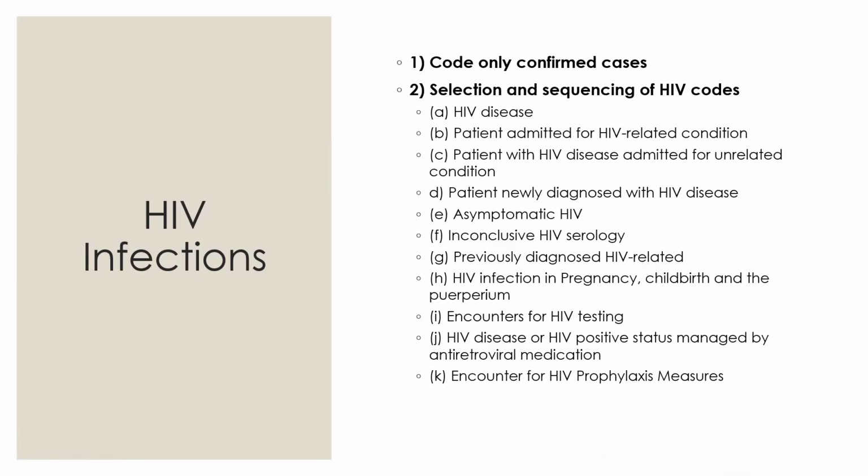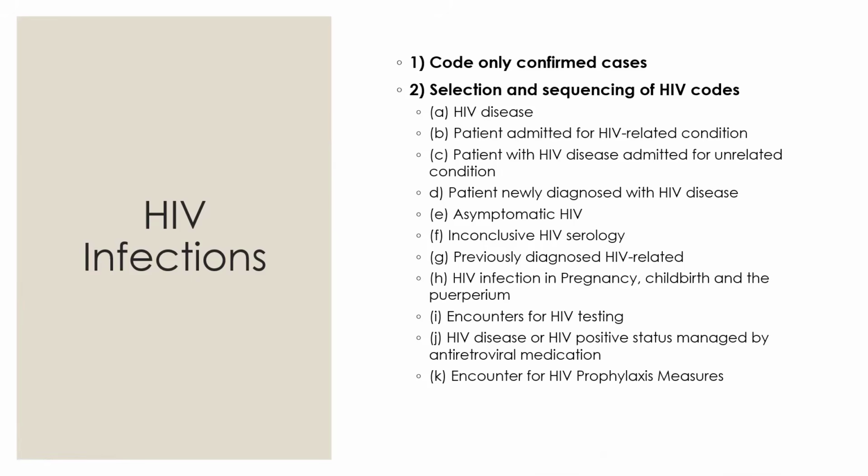When a patient is previously diagnosed with an HIV-related illness and we start coding B20, that patient should no longer ever be assigned R75 for inconclusive laboratory evidence of HIV or Z21 for asymptomatic HIV infection status.